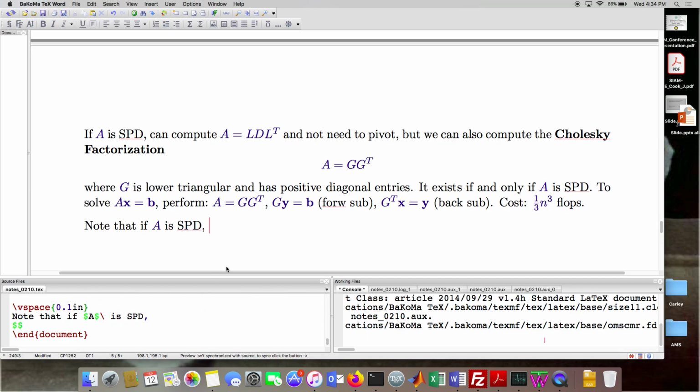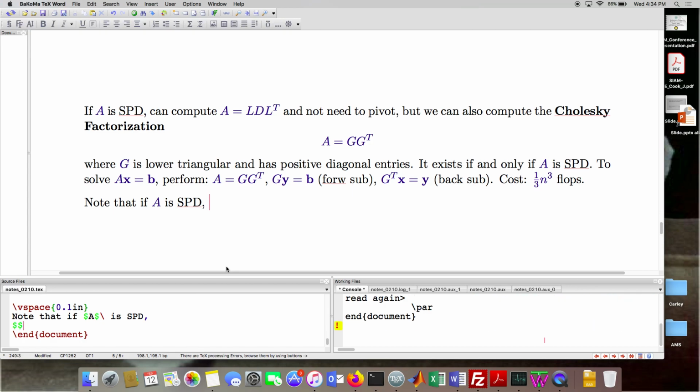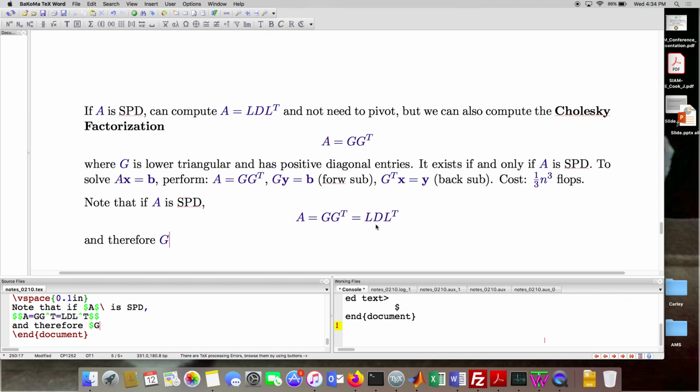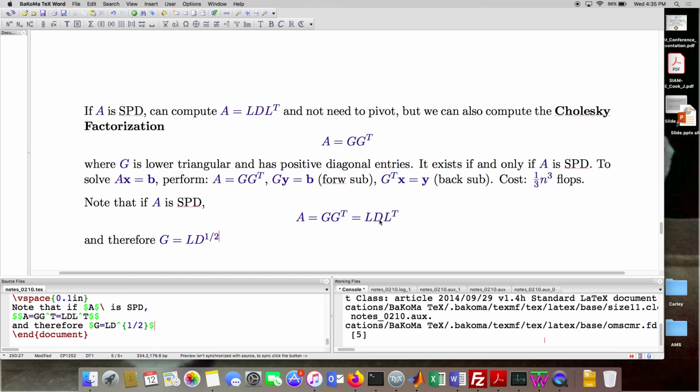If A has a Cholesky factorization, A equals GG transpose, which is equal to LDL^T. Because L is unit lower triangular and D is diagonal, we have the following relationship between the two factorizations: G is equal to L times D to the 1/2. Since A is symmetric positive definite, D must have positive diagonal entries, so you can take the square roots there.